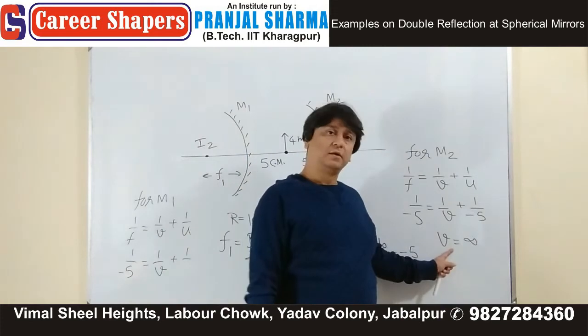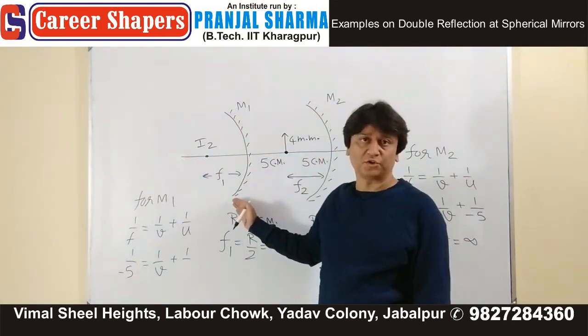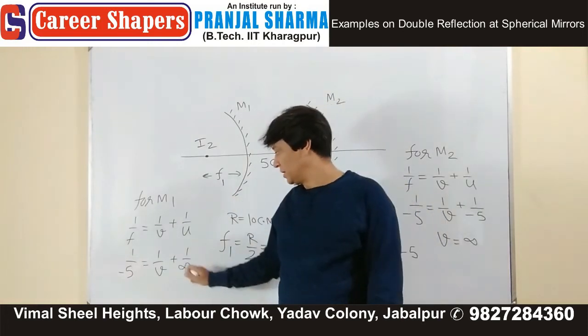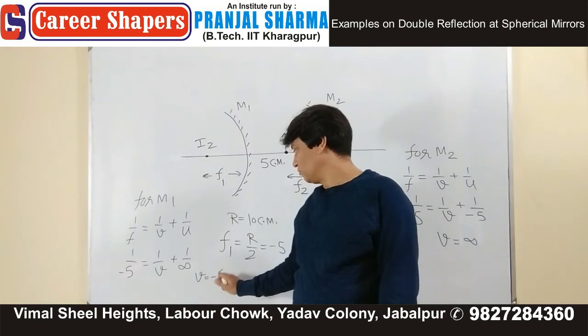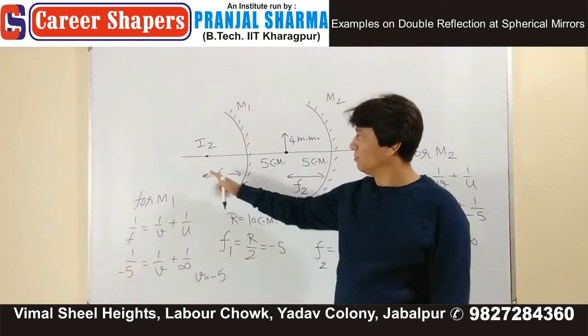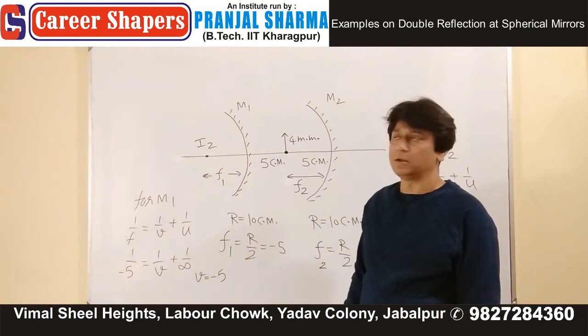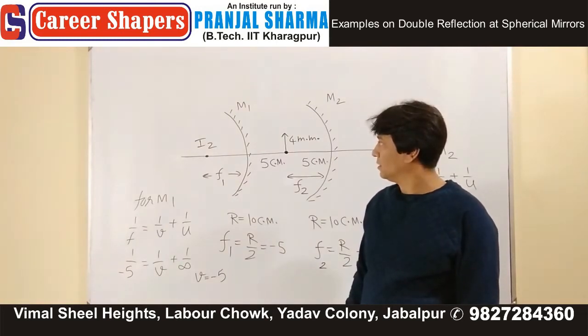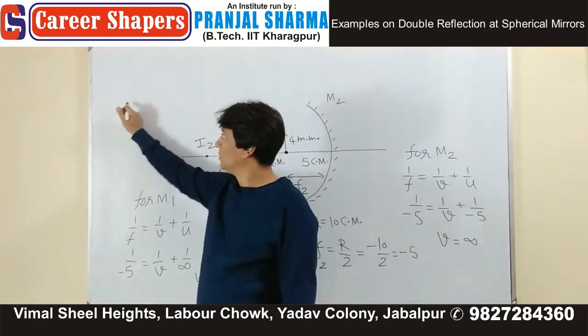This V is U for second reflection. Infinity. 1 upon infinity is 0. You immediately get V as -5. This is the calculation part. Now let me draw the ray diagram part also.